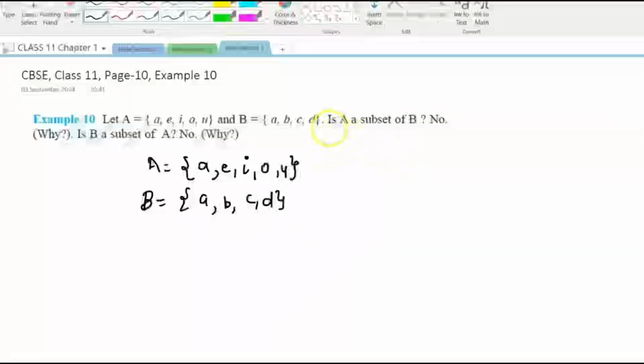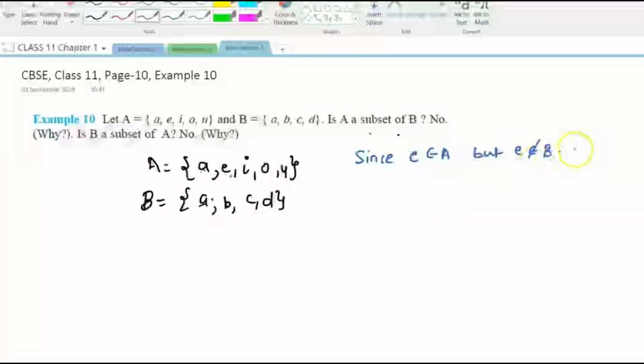The first part, they ask, is A a subset of B? Okay, so let's see. A belongs to A and A belongs to B, E belongs to A, but E does not belong to B, right? Since E belongs to A but E does not belong to B, just one element is enough.